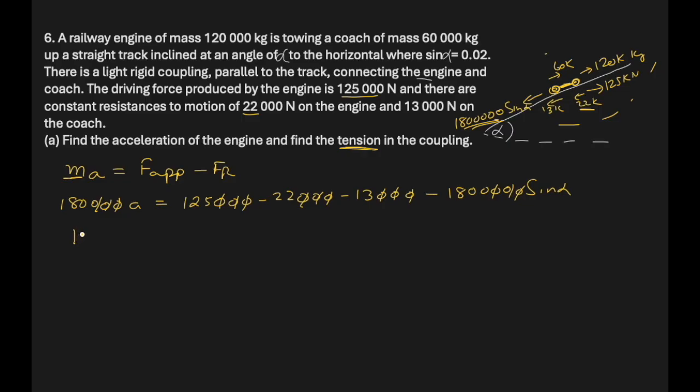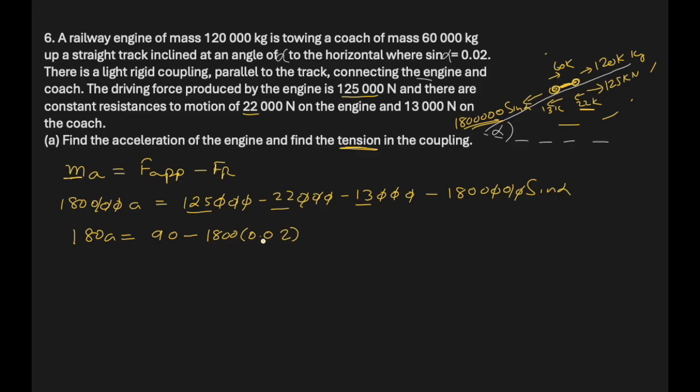Okay, so 180A equals 125 minus 35, which is 90, minus... for that I will need 180,000 times 0.02. Okay, so 18 times 2 is 36.